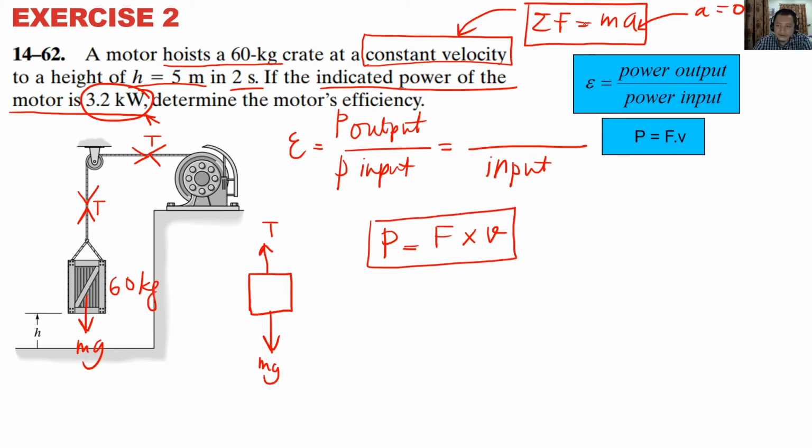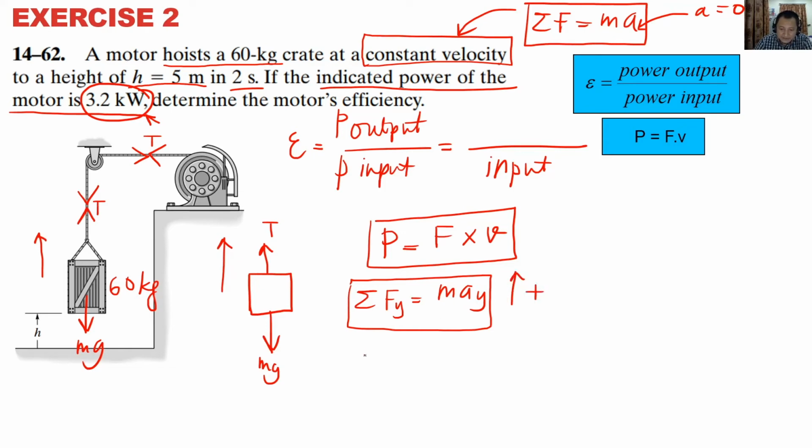Let's do the equation first lah. Summation of forces is equal to ma. It's traveling upwards, so going up is positive. So you got T minus mg is equal to 0. So T is equal to mg.